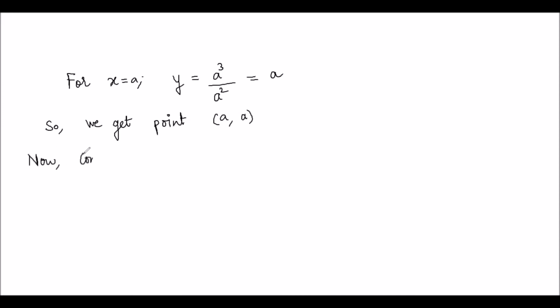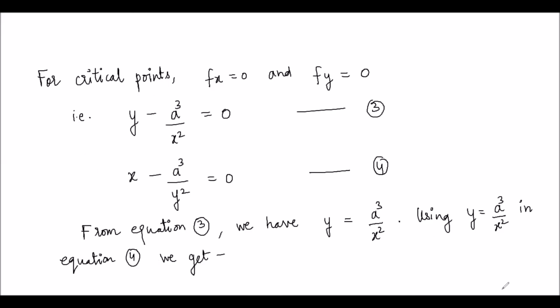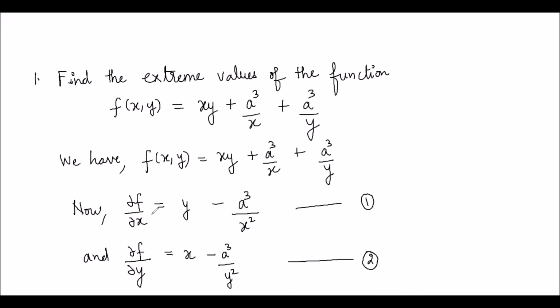Now consider R. What is R? Second order partial derivative, and we are differentiating both times with respect to x. Del 2f by del x2. We have already del f by del x, which we have named as equation 1. So for finding R, let us differentiate equation 1 further partially with respect to x.